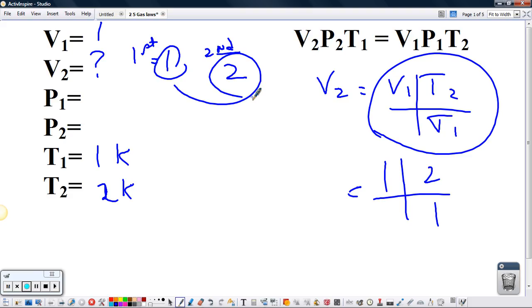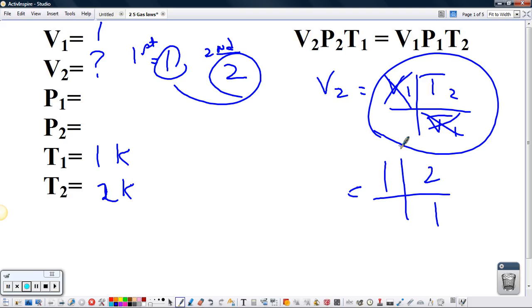All right, on the next level. Like we did last time, I could have said I can ignore everything except V2 and T2. If I ignore everything except V2 and T2, V2 is proportional to T2, so I'm keeping everything else constant. The only thing that changed was T2.